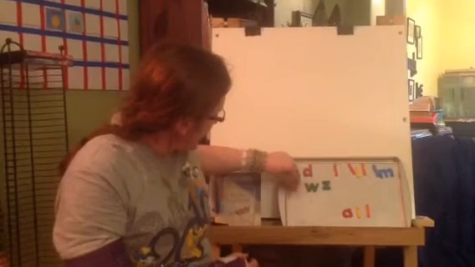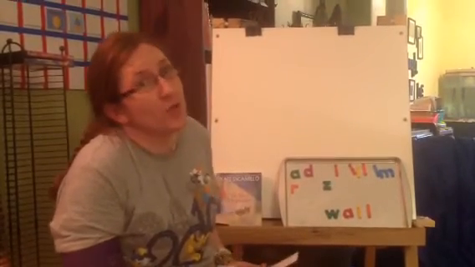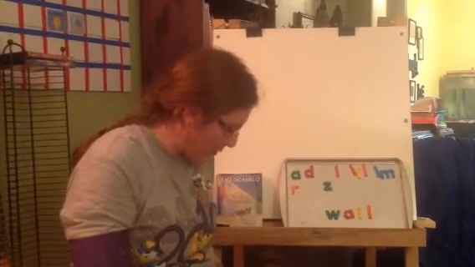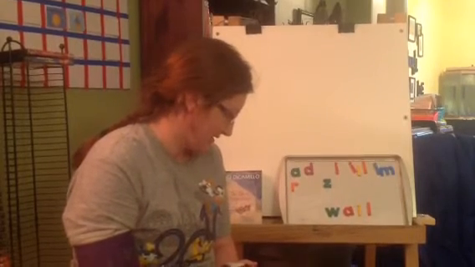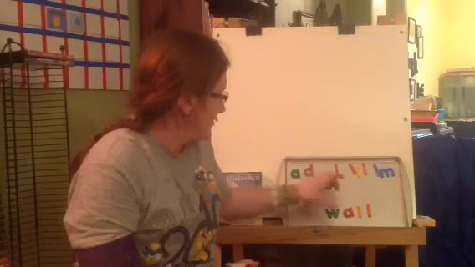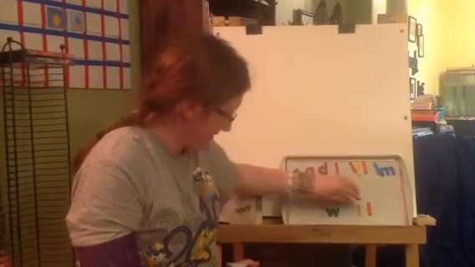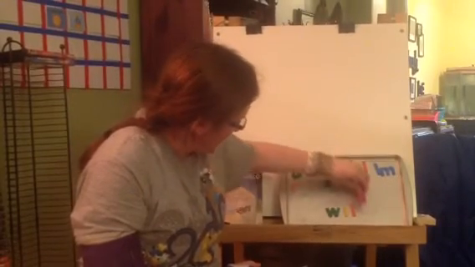I'm going to change my R to a W to make the word wail, which is like screaming and crying, and please don't do it right now. If you don't have wail, you can add it to your list. I'm going to get rid of the A, and I'm going to add a D to the end to make the word wild.